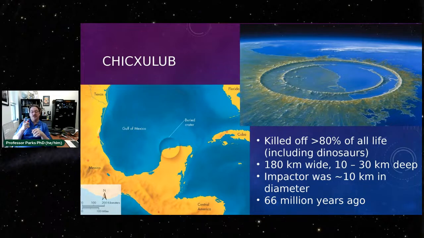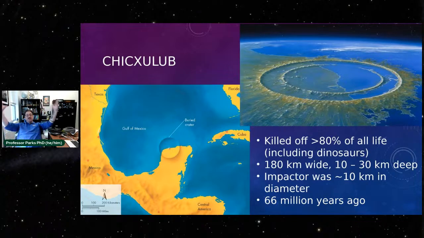The reason why the dinosaurs died is because a 10-kilometer rock smashed into the earth roughly where the Yucatan Peninsula is, and the reason why it was a mass extinction was that the material from this impact got blown out to the point that it didn't just fall back onto the earth.